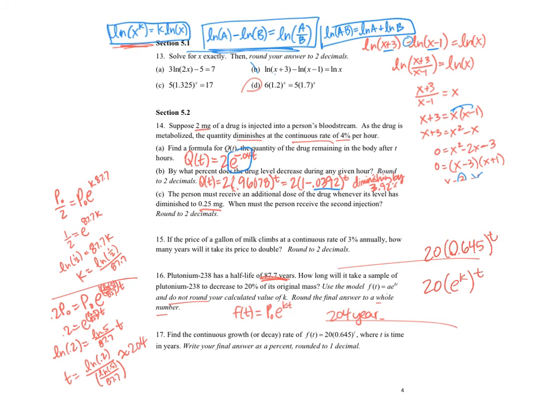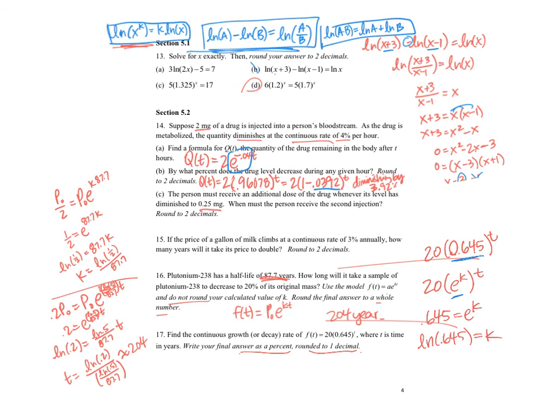So in other words, I want to set this equal to that and solve for k. So 0.645 is equal to e to the k. I can take the natural log of both sides. Natural log of 0.645 is equal to k. And then, write your final answer as a percent rounded to 1 decimal.